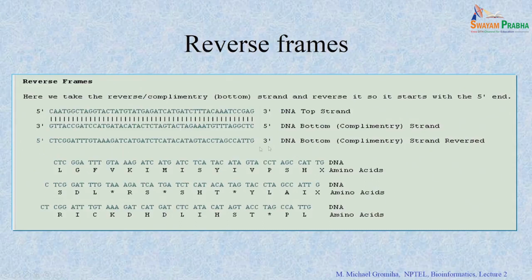From this 5 prime to 3 prime sequence, you make the codons, here CTC, GGA, TTT and so on. CTC codes for L, GGA codes for G and TTT codes for F. So, now you can get the amino acids. Likewise, you take one out and you get the second frame and the third frame. In total you will have 6 reading frames, 3 forward frames and 3 reverse frames.